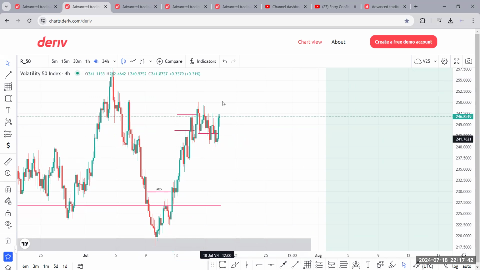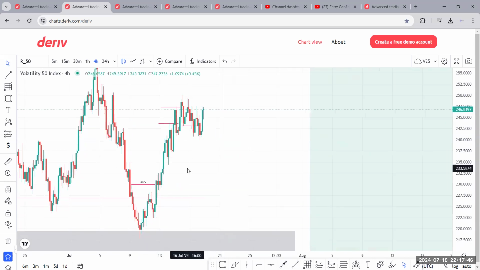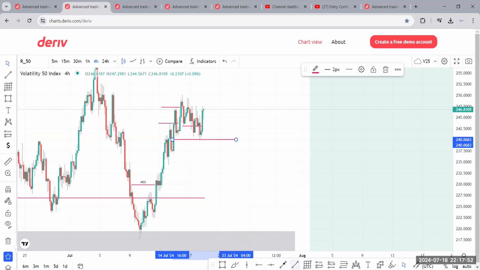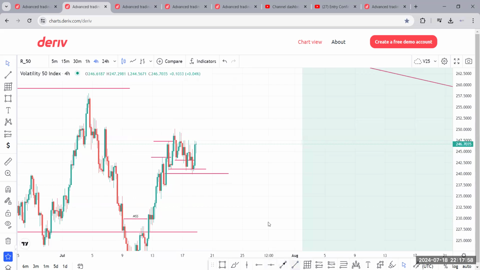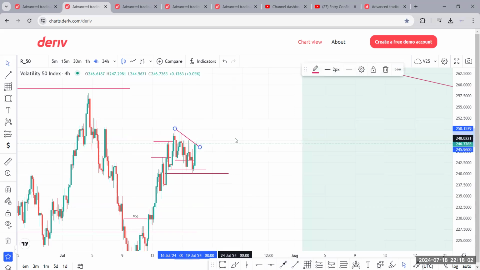And now we are getting back up again. Now, as we came back down, price just came back into this tiny fair value gap, which acted as support. And price is pushing away, having engineered this 4-hour liquidity here as well, which price is going to target.